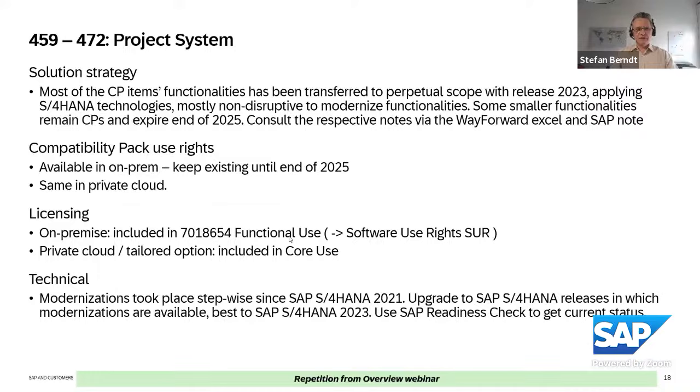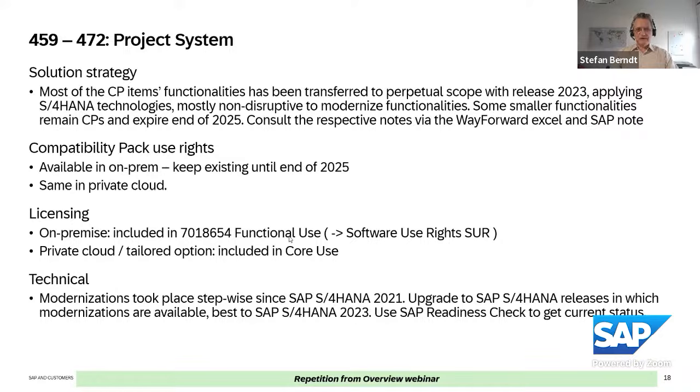This modernization started with release S/4HANA 2021 and was completed with the current release 2023. So for these topics, you need to upgrade to at least the version where the functionality that you use has been modernized. If you want to be sure, we recommend to go to release 2023, then you get all of that.